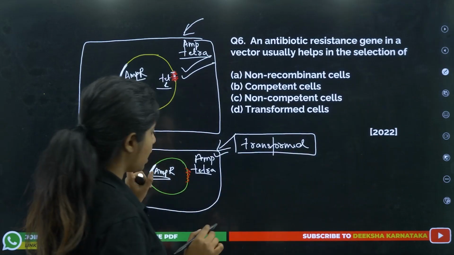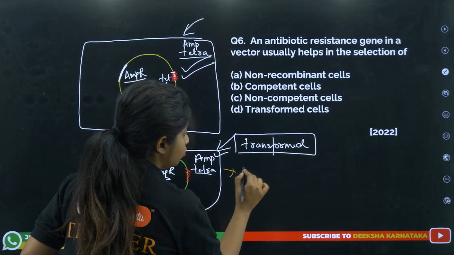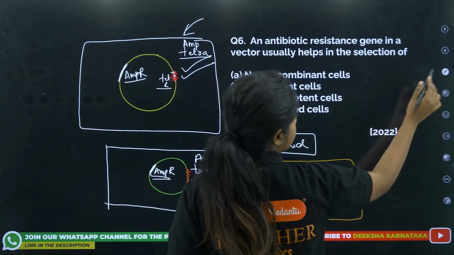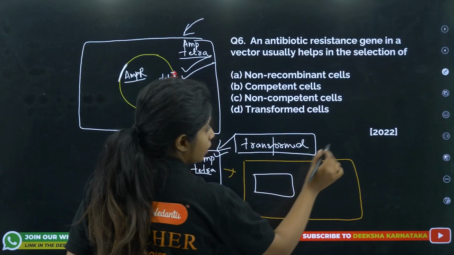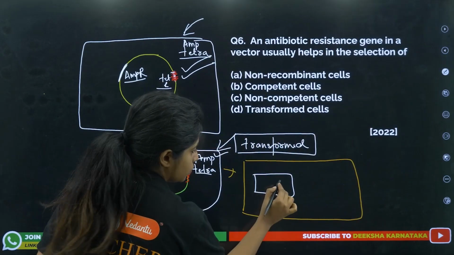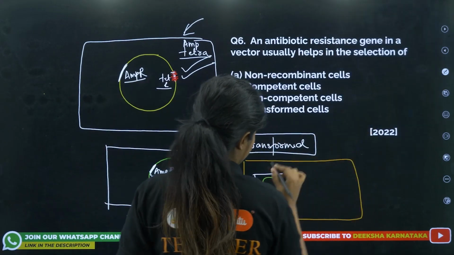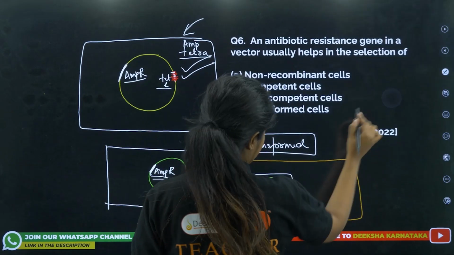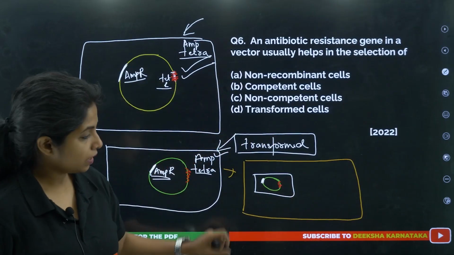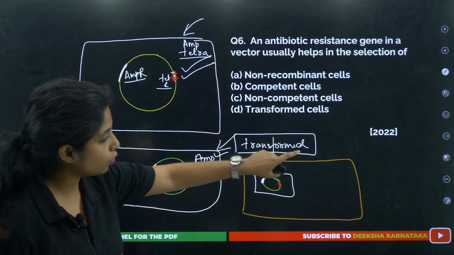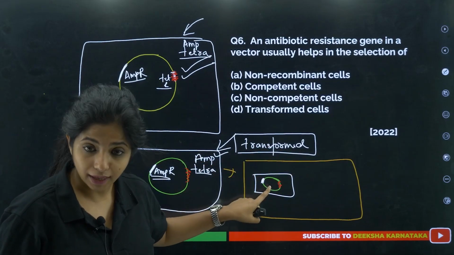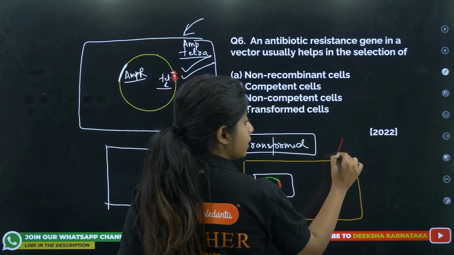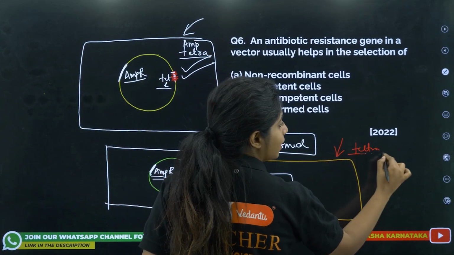Transformed as in, when I am putting this bacteria into some host, and it has this particular plasmid, I will say that the host cell has the gene of interest when I understand the fact that it is not growing in tetracycline medium.